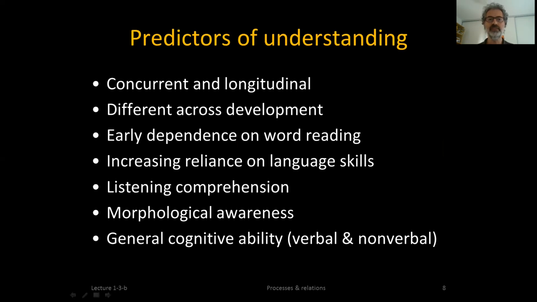General cognitive ability, both verbal and nonverbal, is a strong predictor of understanding. And at a slightly more specific level, in particular, vocabulary and working memory are related to understanding or the reading comprehension ability.